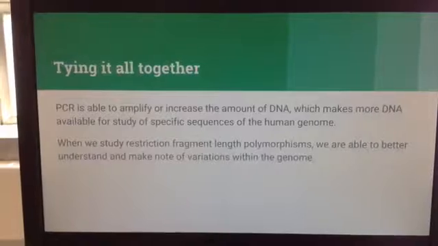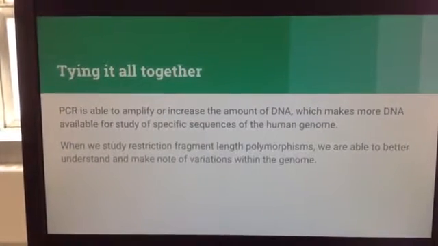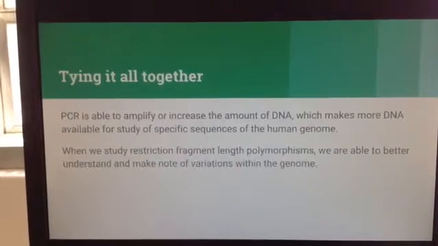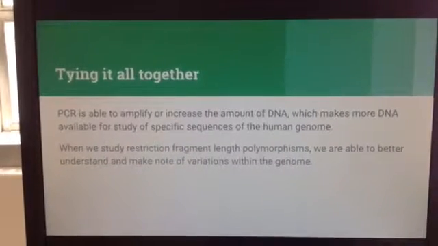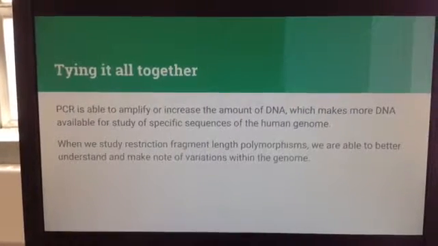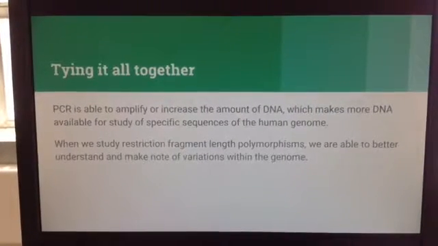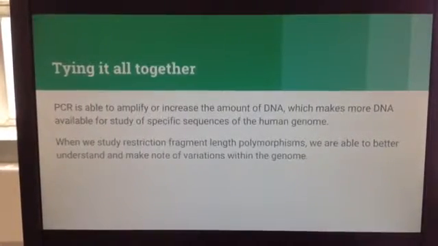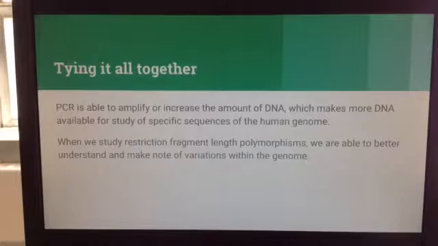And now to tie together everything we've learned in this video. The aim of the Human Genome Project was to map out the human genome, or as some would call it, the blueprint of the human. The study of restriction fragment length polymorphisms is very important to the aim of the project because it helps us to study polymorphisms, otherwise known as variations within the genome.